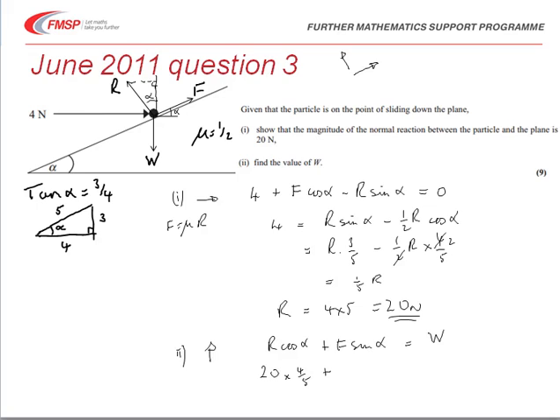F of course is 1/2 of R, so that's 1/2 multiplied by 20, and sine alpha of 3/5 is equal to W. So you've got 80 over 5, and then here 30 over 5, so a total of 110 over 5, or 22 newtons.